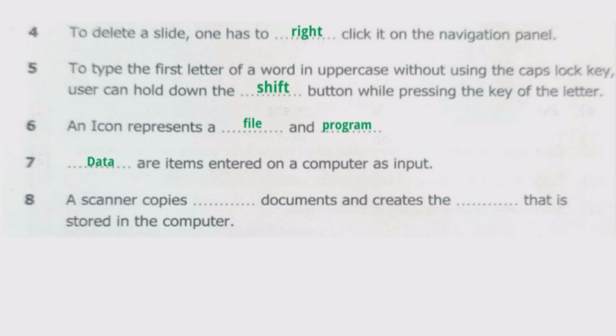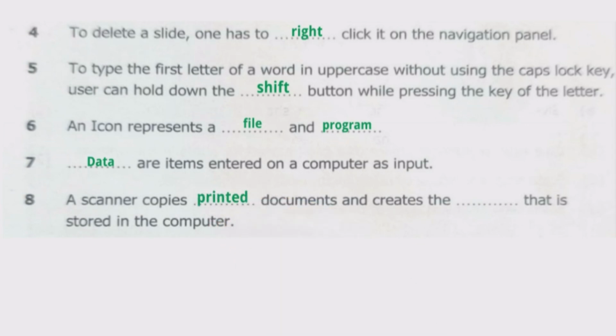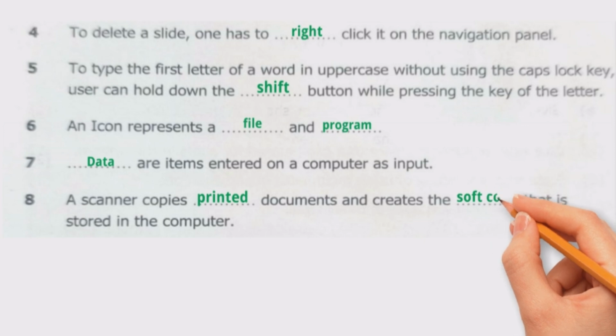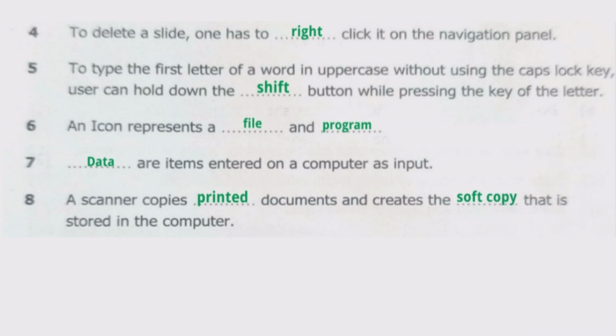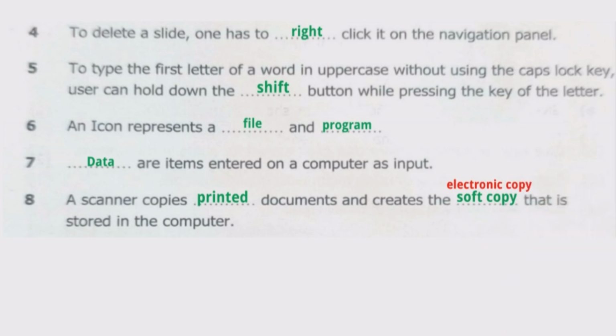So here, what is the correct answer is, a scanner copies printed documents and creates the soft copy that is stored in the computer. So here on soft copies, there are some other words that can be used. It can be electronic copy. Okay, you can also put electronic copy there. The answer will be correct.